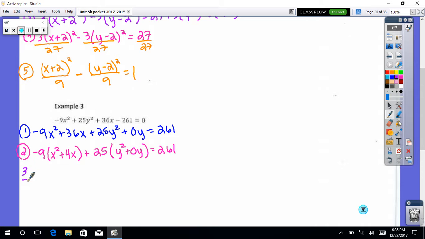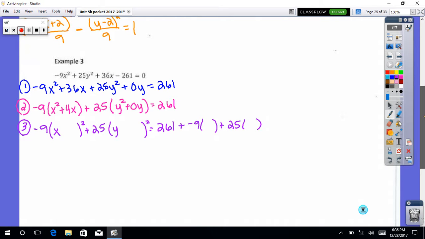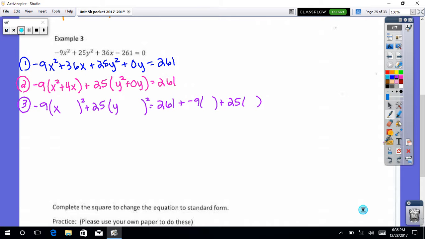Create your bubble. And create your blanks over here. And when we divide, we get a positive 2 here.